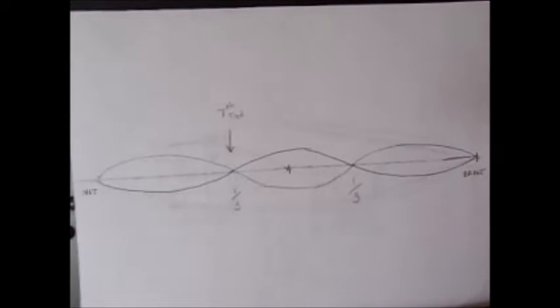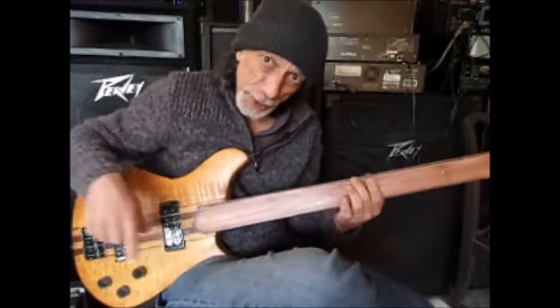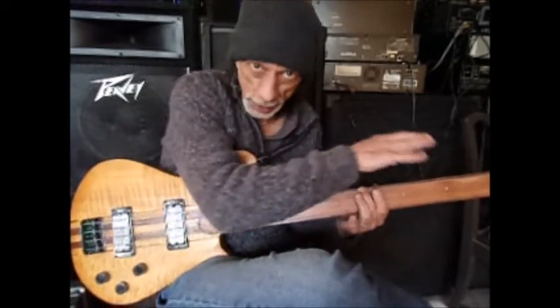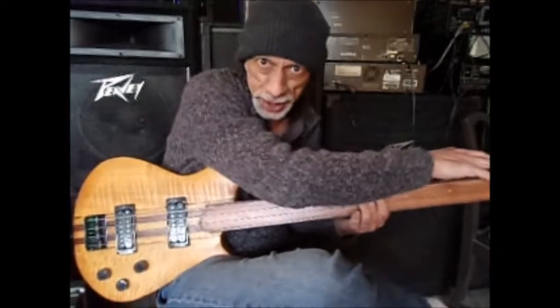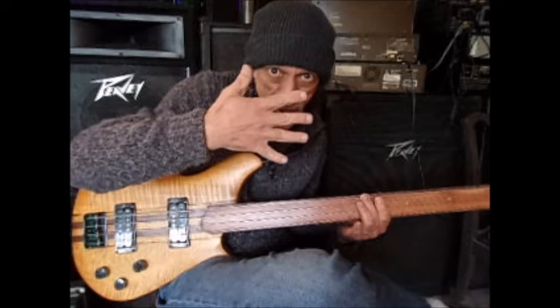So 2/3 of the string would be the location of the 7th fret. And in fact, if you divide the string into thirds, you'll get the 5 note of whatever your string is tuned to. So if your string is E: E, F, G, A, B.